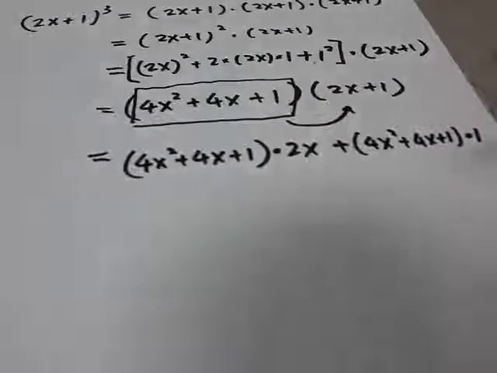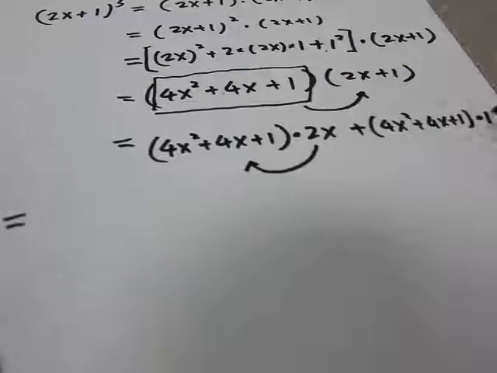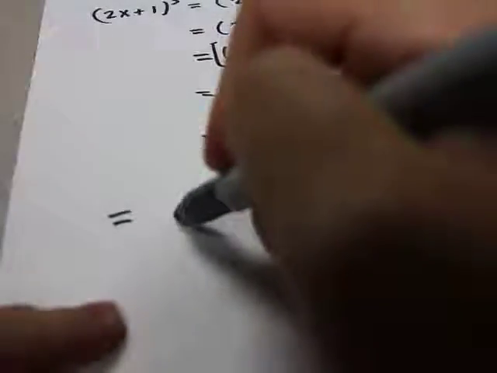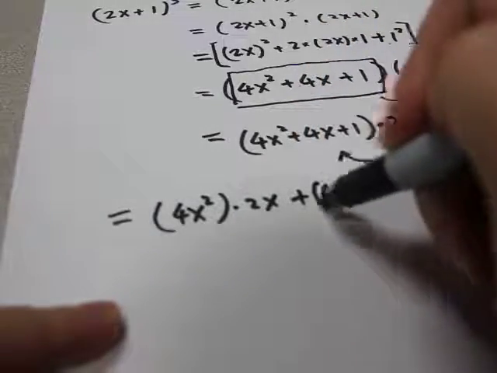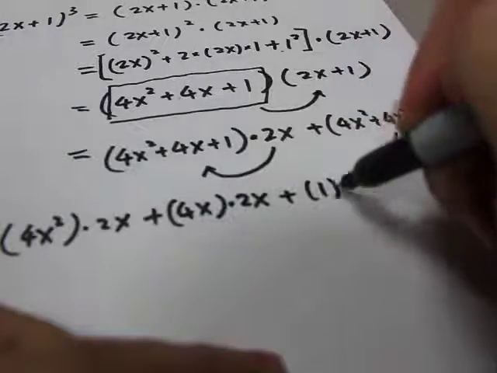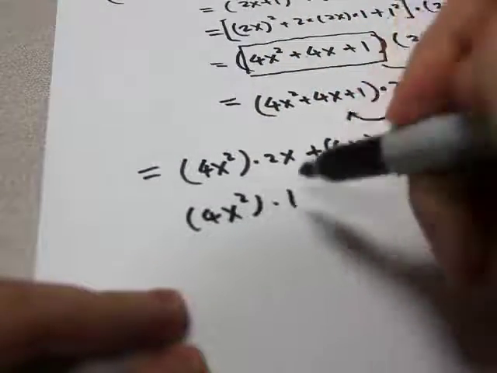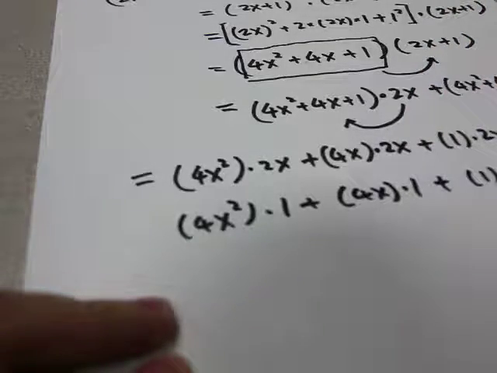Then I use the distributive property again, distributing 2x into this polynomial and 1 into this polynomial. So I have 4x squared times 2x, plus 4x times 2x, plus 1 times 2x, plus 4x squared times 1, plus 4x times 1, plus 1 times 1.